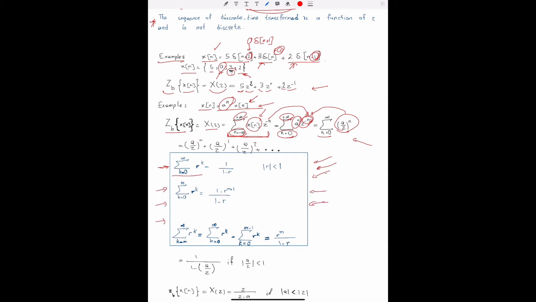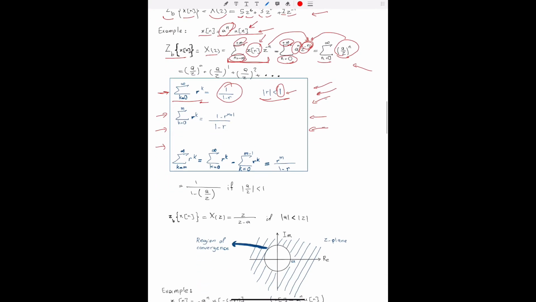For example, if we have the sum of k from 0 to infinity of r to the power of k, and the magnitude of r is less than 1, this is important, because if it's higher than or equal to 1, this won't have a finite value and it will be infinity. So if this holds, then the answer would be 1 divided by 1 minus r.